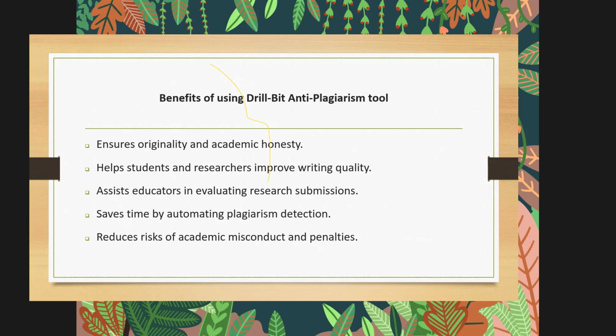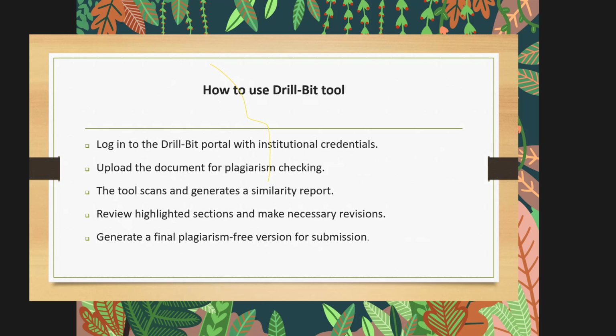It helps students and researchers to improve their writing quality. It assists educators in evaluating research submissions. It saves time by automating plagiarism detection, and also reduces the risk of academic misconduct and penalties.